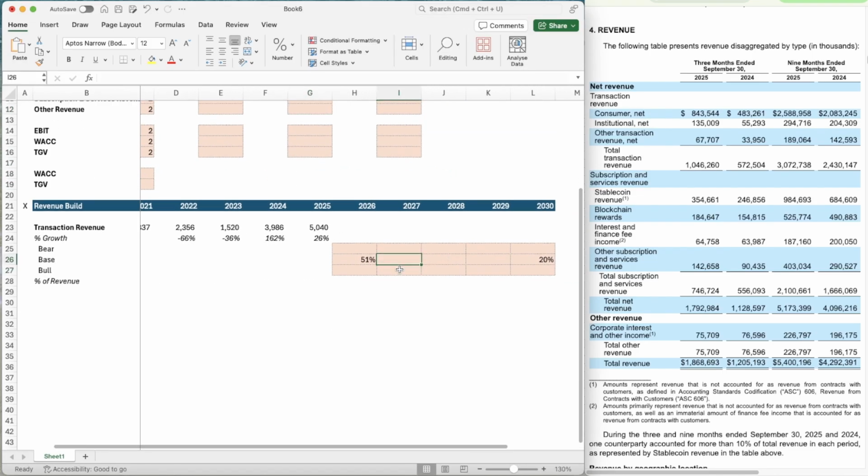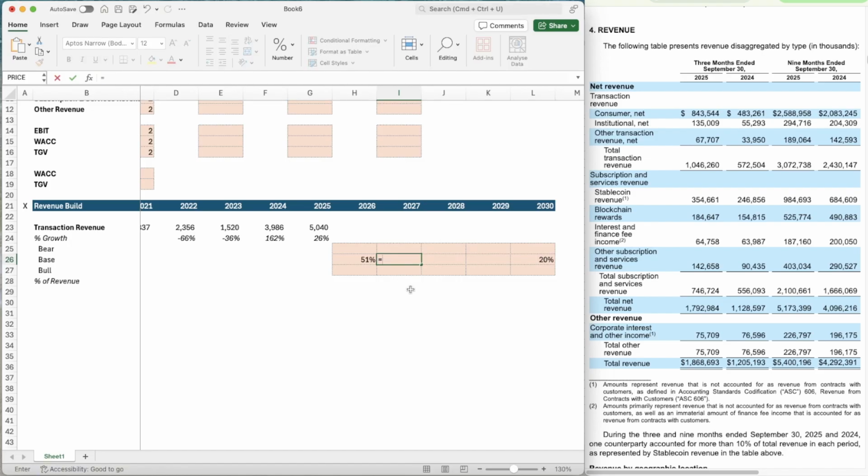Then to work out these 3 here, let's say you go equals, you take the previous year minus, open your brackets, previous year minus your final year, close your brackets, divided by, open brackets, your final year minus the previous year, close brackets.